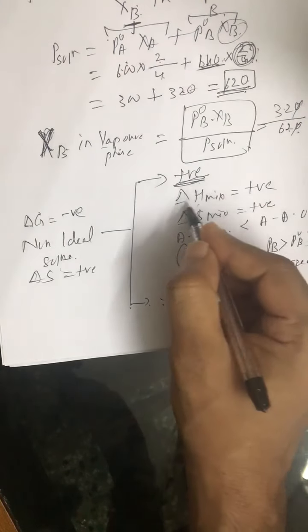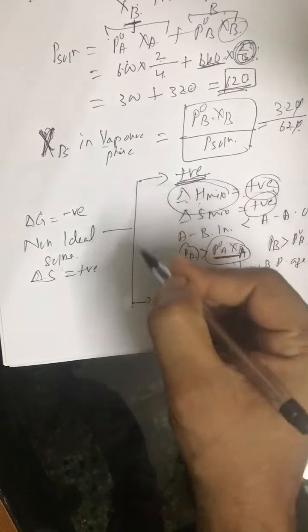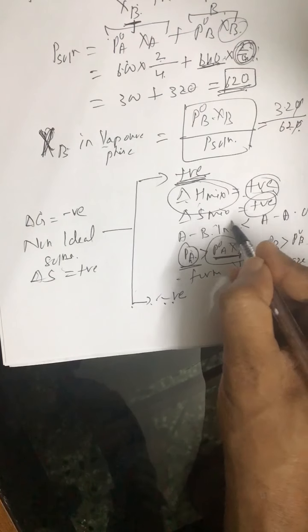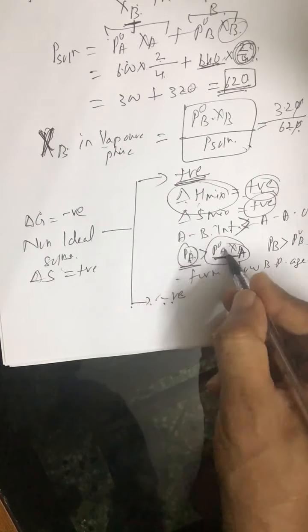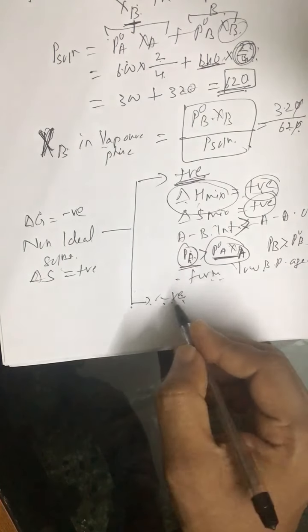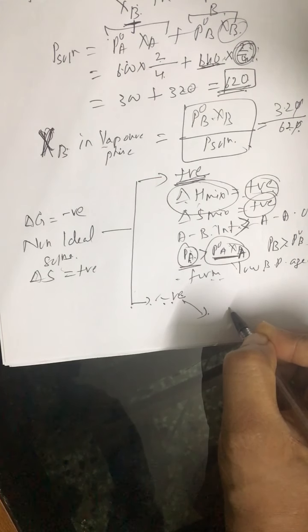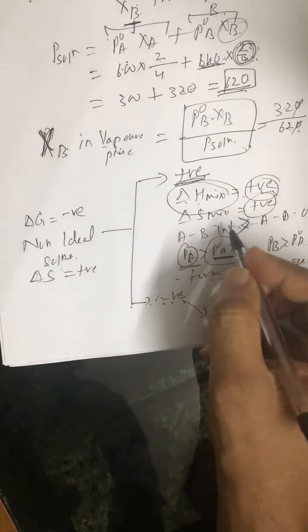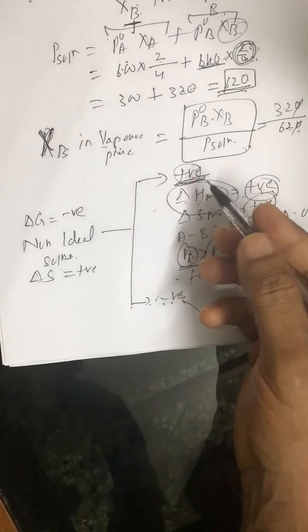Whereas for negative deviation, this delta H mixing becomes negative, delta S mixing becomes negative, this AB interaction is greater than AA or BB interaction, and PA is less than, PB is less than, and they form high BP azeotropes. Alright. Means when two liquids are mixed, we are getting higher vapor pressure.